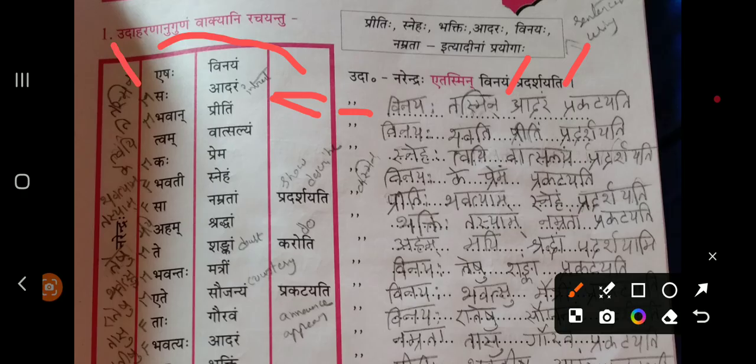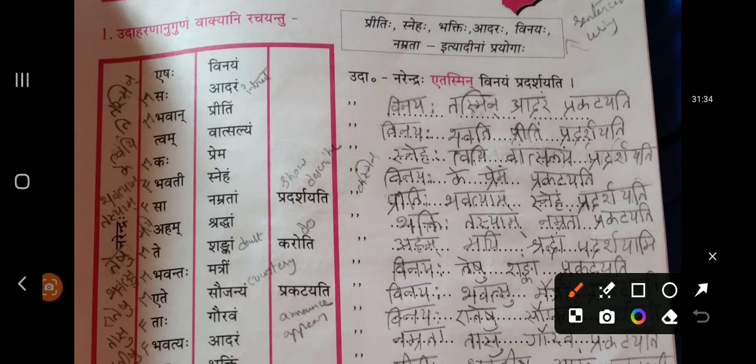Why I picked Saha? Because Vinay is a boy. For a boy, we will use Saha, right? That guy, that Vinay. We can't use Sa. Sa is what we use for girls. Since Vinay is a boy, we will use Pullinga, Saha, which is given in this first box.